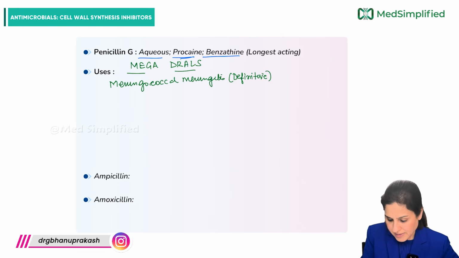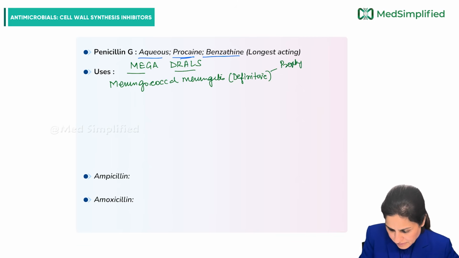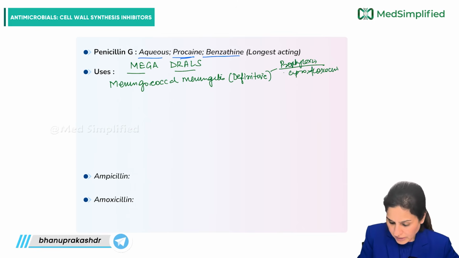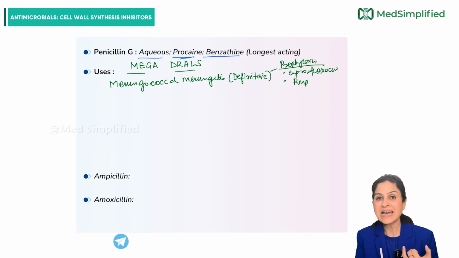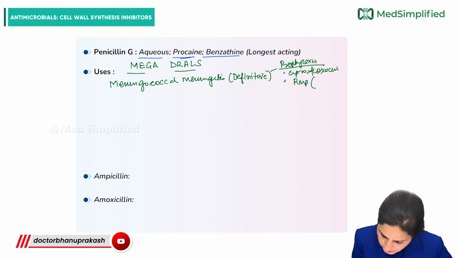For prophylaxis, or you can say for the empirical prophylaxis, we use ciprofloxacin. We can use rifampicin in pregnant women and in children because fluoroquinolones are contraindicated in them.